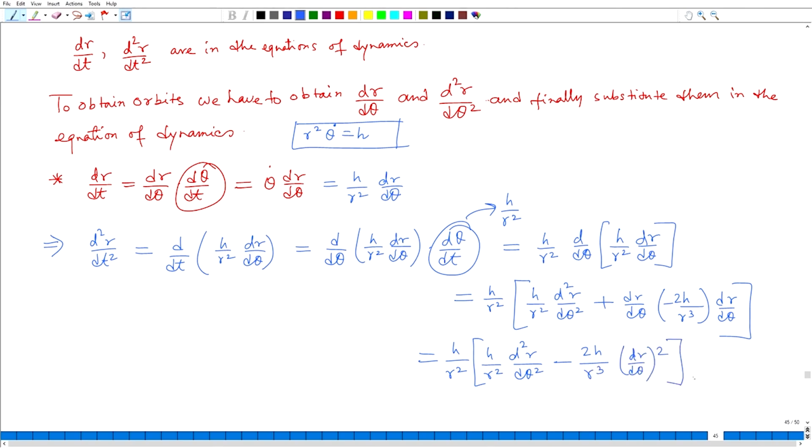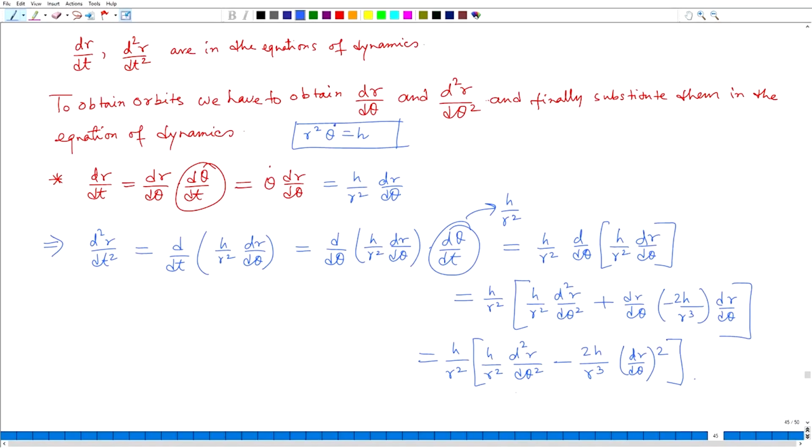Okay. So, now we will simply substitute this expression into the equations of dynamics, and we will find the equation which will be very appropriate for obtaining the trajectories under a central force law. But you see already from common sense that this equation will involve terms like d2r d theta 2 and dr d theta whole square. So, it will be a second order ordinary differential equation with non-linearities, and solving such equations is not very easy.